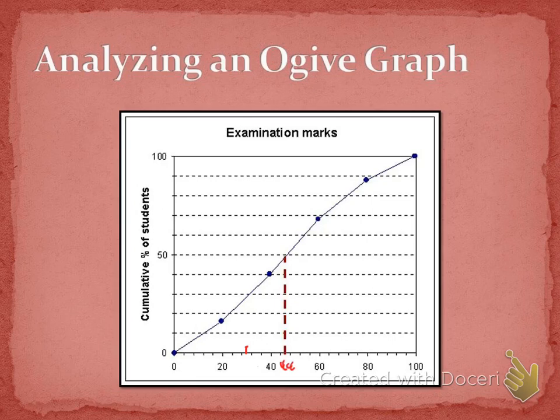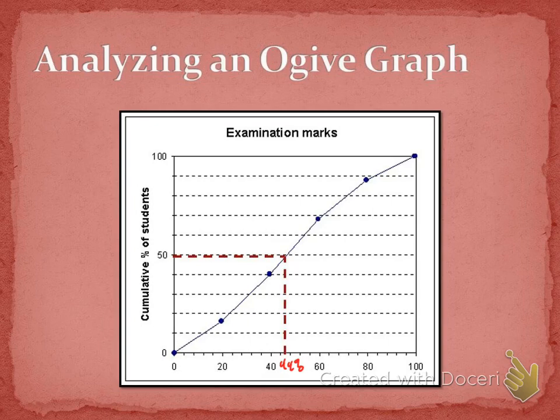So this might be 44% as a test score. That puts you at the median, because you slide over and you see the 50%. So the 50th percentile, or the test score where half the class scored less than that, would be about 44%.